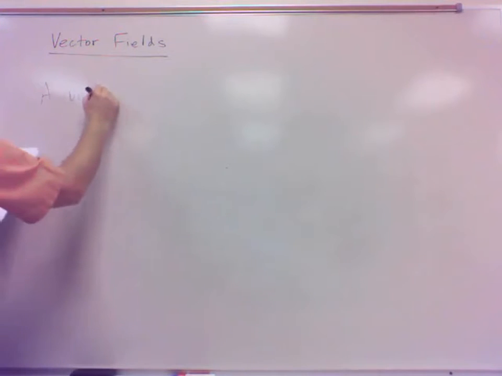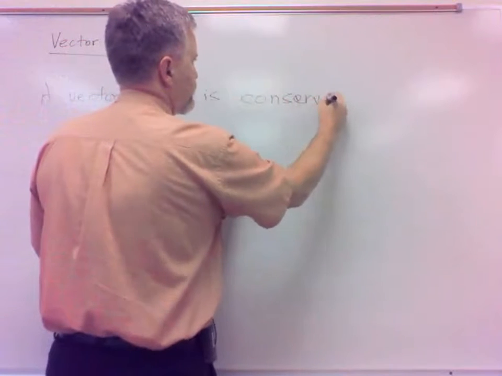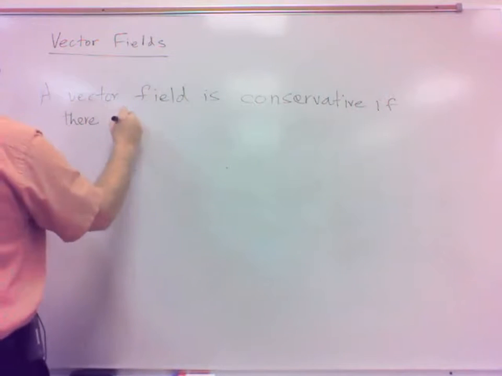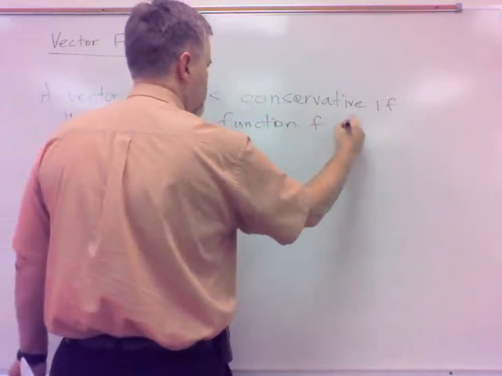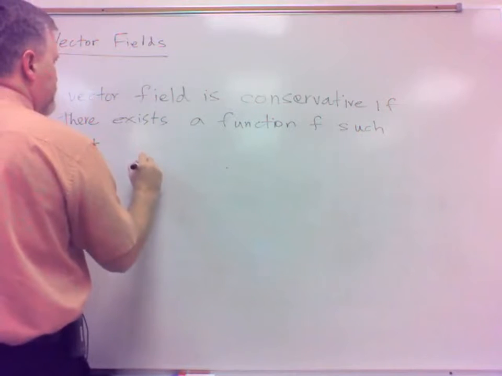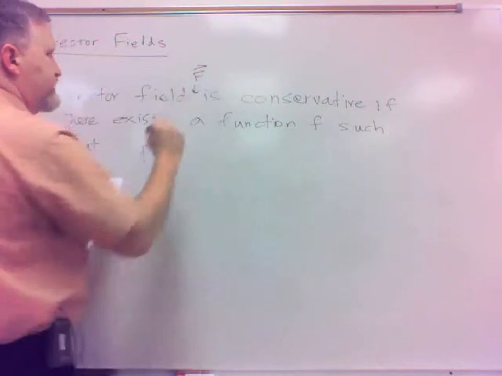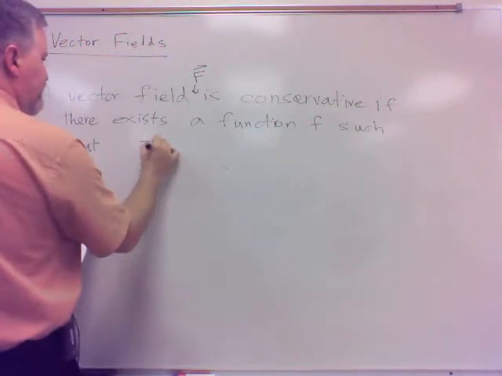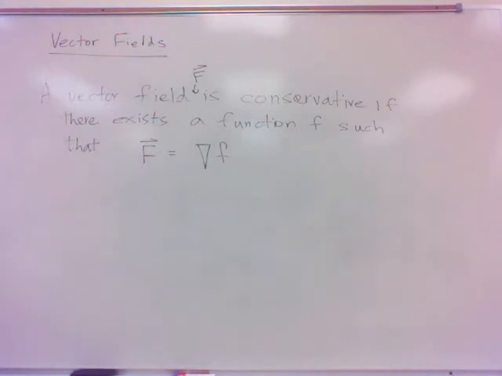A vector field is conservative if there exists a function f such that, the notation is big F vector, the vector equals the gradient of function f.